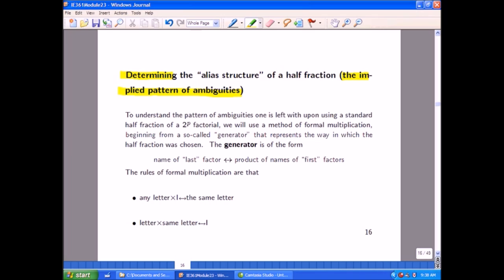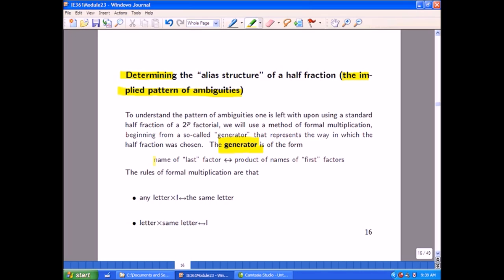What we're going to do is use a method of so-called formal multiplication, beginning from a quote-unquote generator that describes how we chose the half fraction.